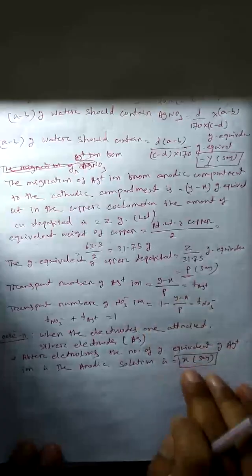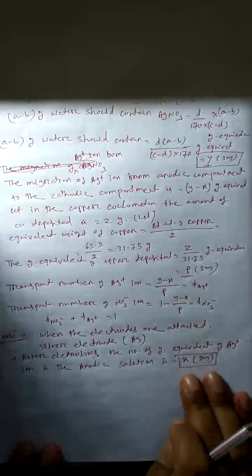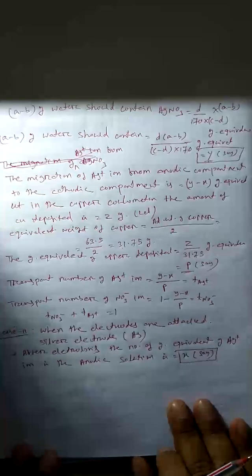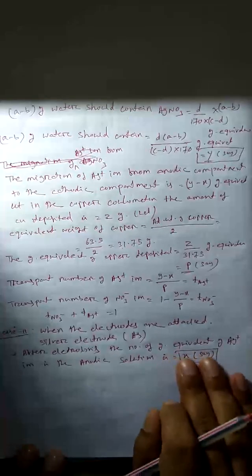So the silver ion concentration is more, it should be X. So this is the content in the silver.